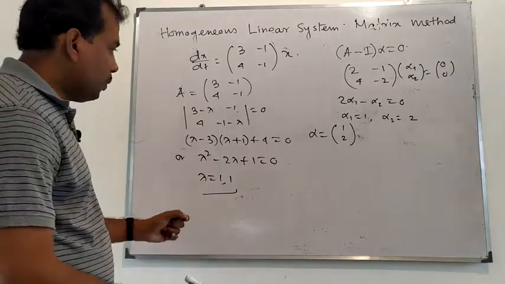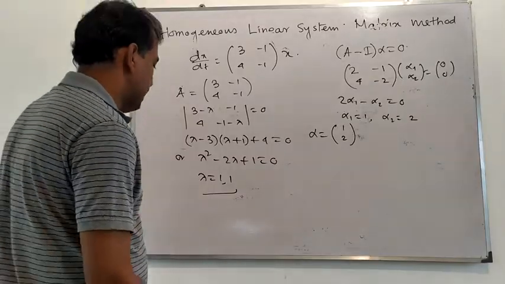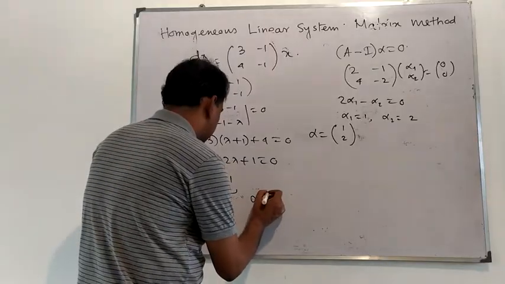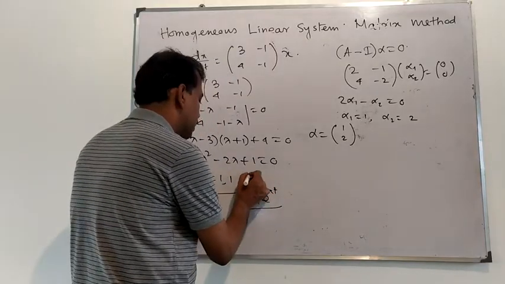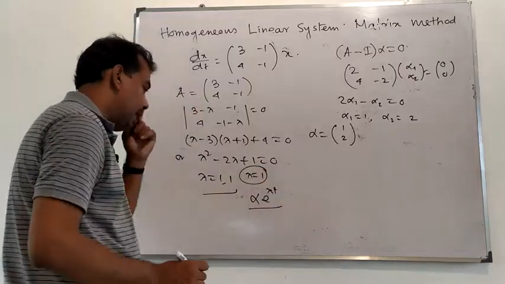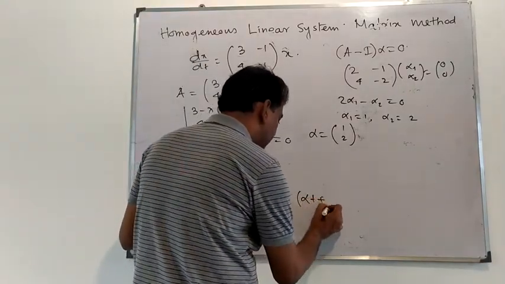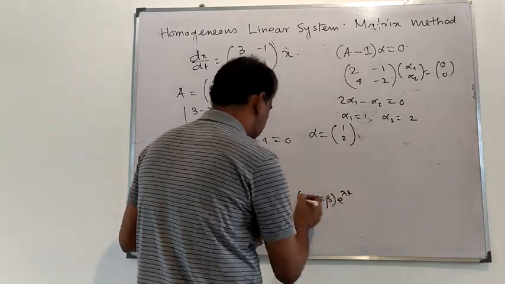Here we get two linearly independent solutions as this: alpha e to the power lambda t, where lambda equal to 1, is a solution, and another solution will be alpha t plus beta, e to the power lambda t, where lambda equal to 1.